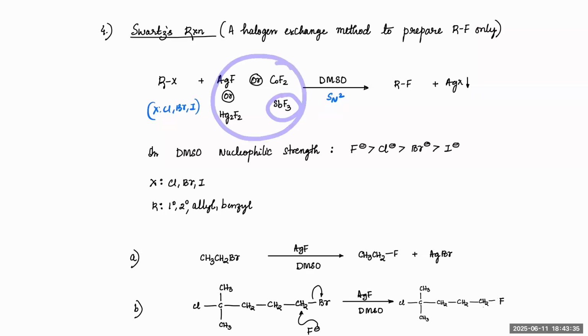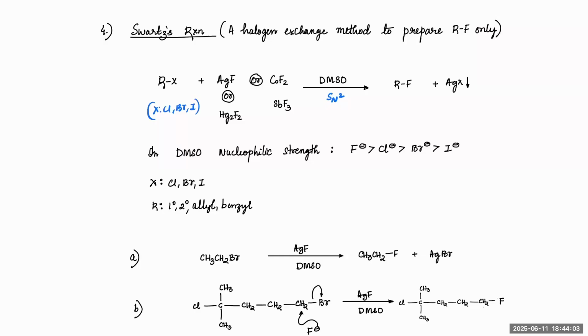You can remove this X and replace it with fluoride. And DMSO is the solvent used. It would usually favor SN2, and the nucleophilic strength is like this, right? Fluoride is a stronger nucleophile than chlorine, as we just learned. So you can replace the halogens, which are chlorine, bromine, iodine, with fluorine in this case.